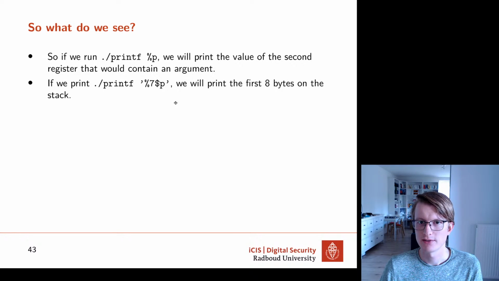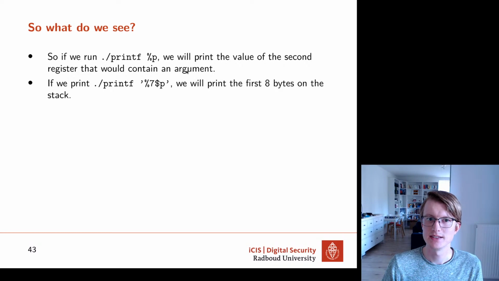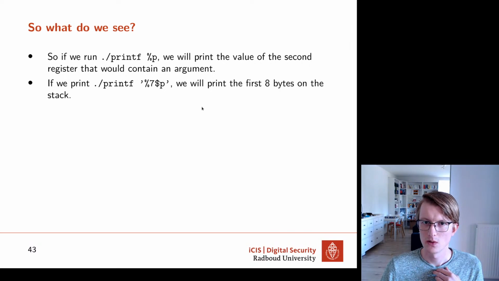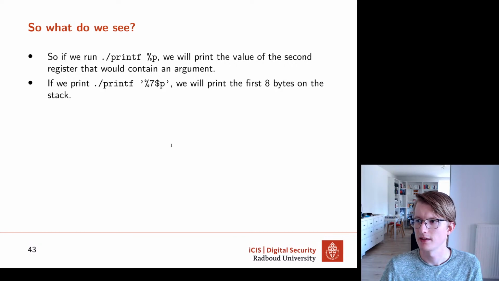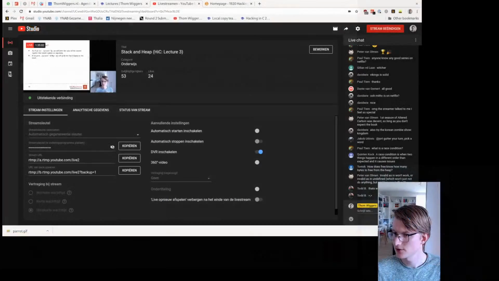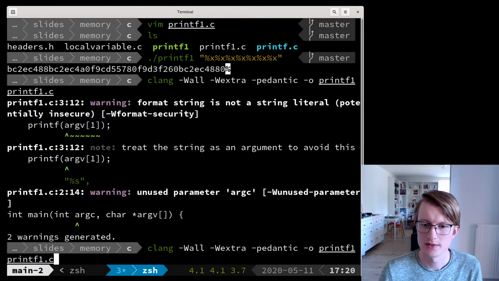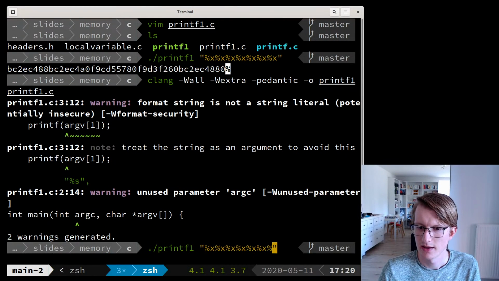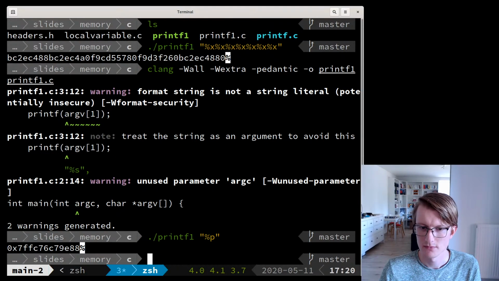If we run printf %p, we will print the value of the second register that would contain an argument, because the format string itself is the first register that contains an argument. So the argv thing is the first value that we're seeing, and then this is the value that was in the second register that would contain an argument.